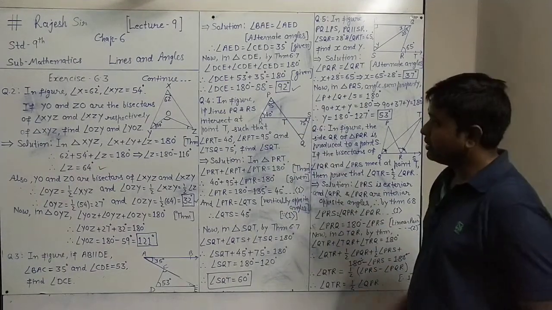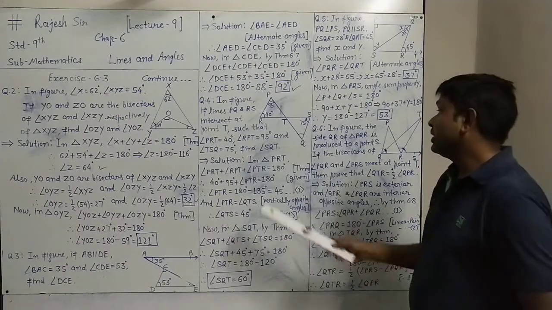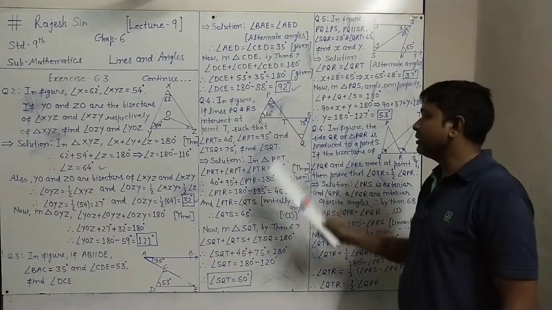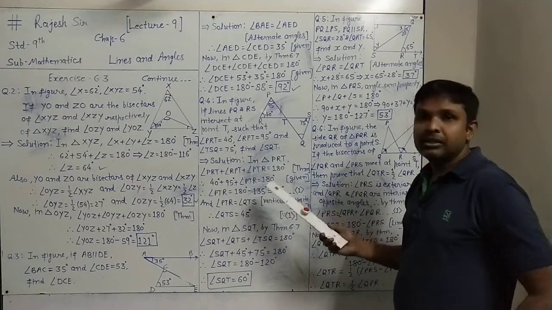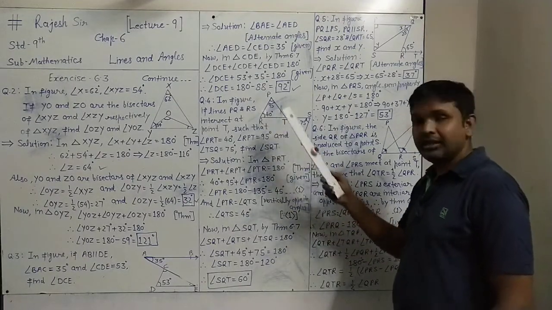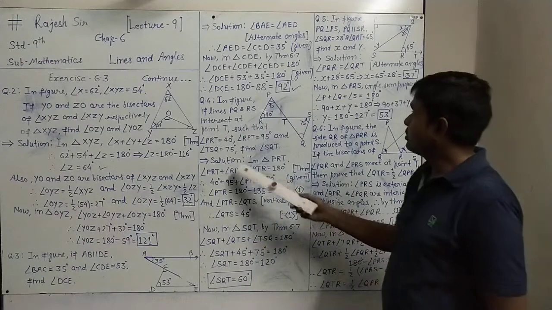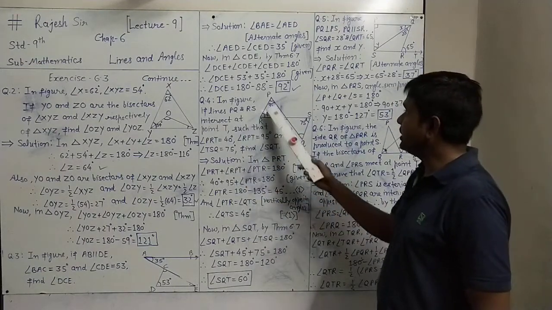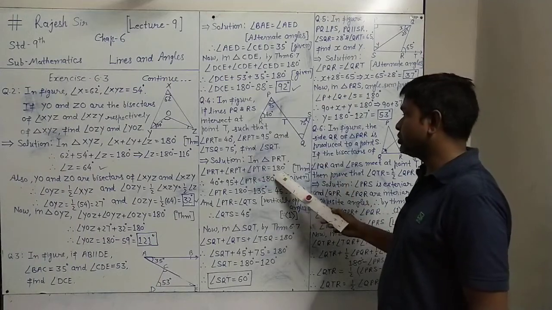How to reach there? In the solution, we start with triangle PRT, this is the triangle. By the angle sum property, the sum of the three angles will be 180. So angle PRT plus angle RPT plus angle PTR equals 180 by theorem.